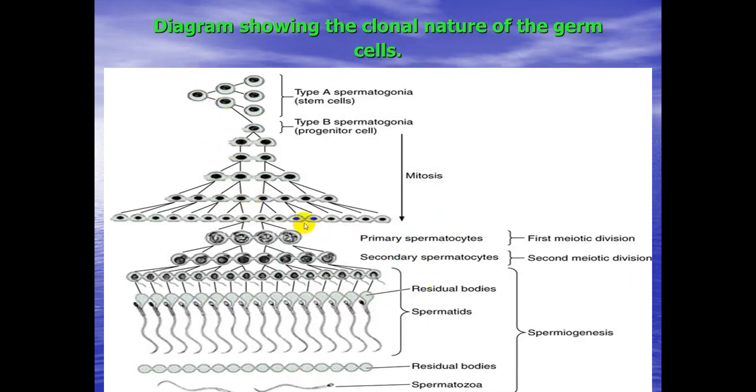This scheme shows you the syncytium of the spermatogenic cells. You can see that it starts from the spermatogonia of type A and B, then mitosis of them, then appear the primary and secondary spermatocytes, spermatids. All cells have connection with one another. You see the mass of cells, which is called true syncytium.